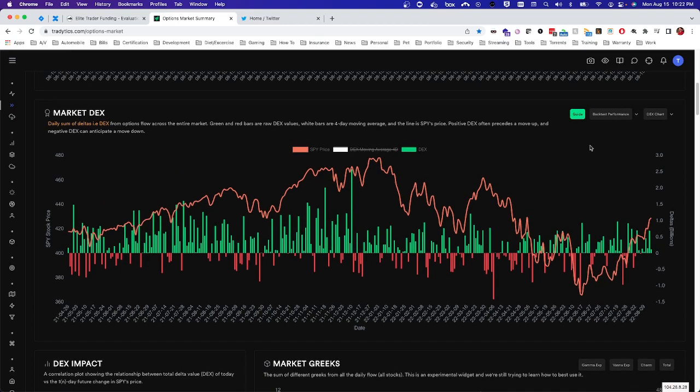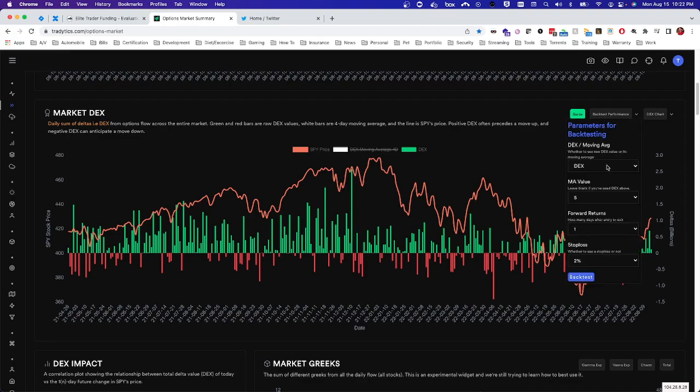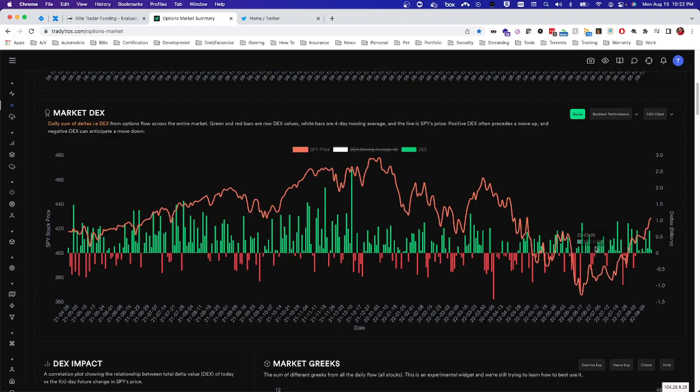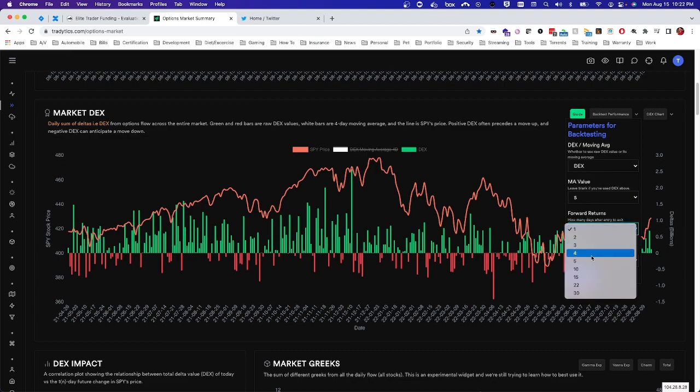So now you can actually just trade this solely, and I just want to show what I mean by that quickly. If we go to DEX and we say, okay, if I were to buy based on this, let's just say when DEX flips green, I'm gonna take a position and take a call, and I'm gonna hold that call for, let's say, 10 days, and my stop loss is gonna be 2%, which is a pretty reasonable stop loss.